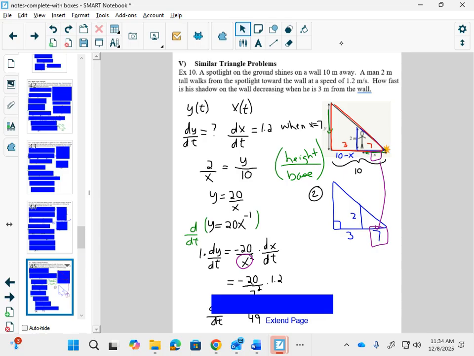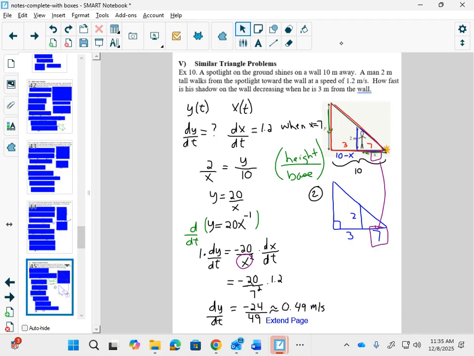So it's a little bit easy to maybe make some mistakes here, okay? Because you might want to plug in the 3 because they gave you when x is 3. But we have to look at our specific diagram, and if I decide this is my x, because I was given that as dx dt, then the moment this is 3, that would be 7. So you have to look at your specifics and make sure you're plugging things in correctly.